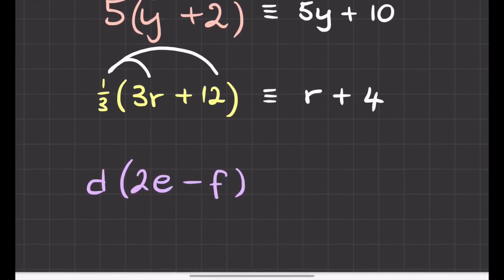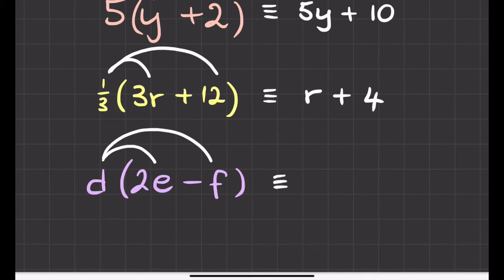One more question here for us to have a look at. So I've got D groups of this, 2e, and I've got D groups of this thing here, minus f. Ooh, interesting. Okay, so let's try and do this. So D times 2e. Now you could write this in a few different ways, couldn't you?